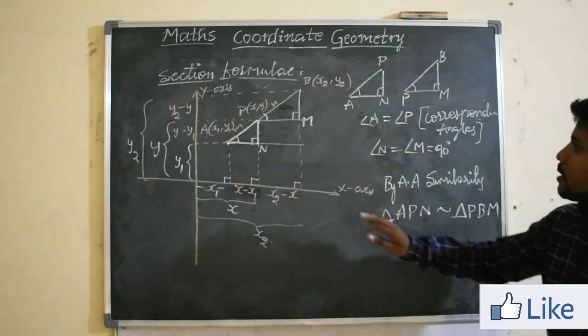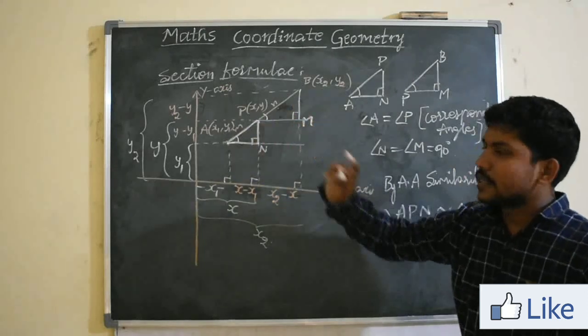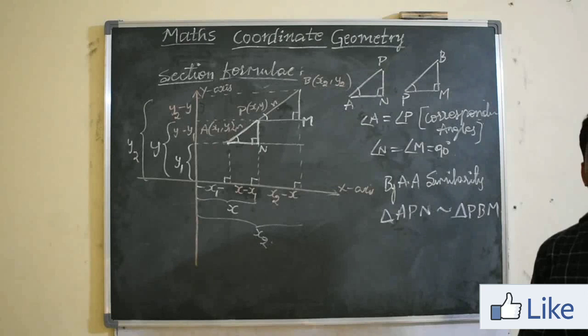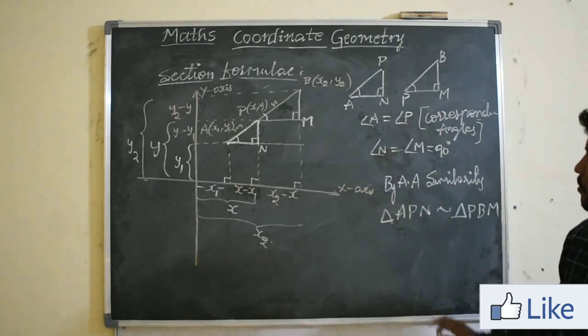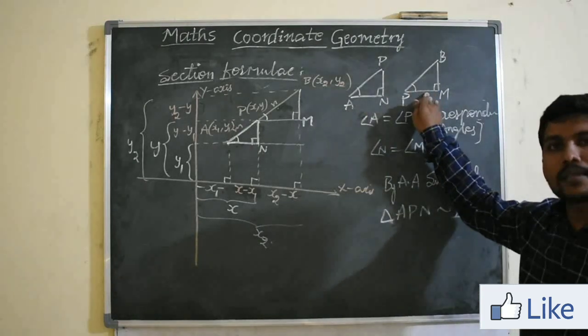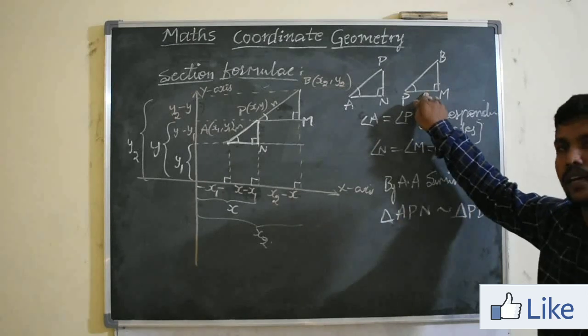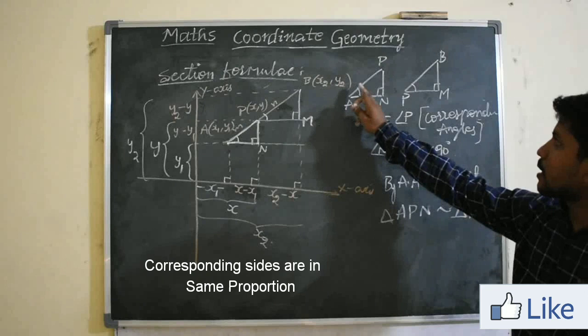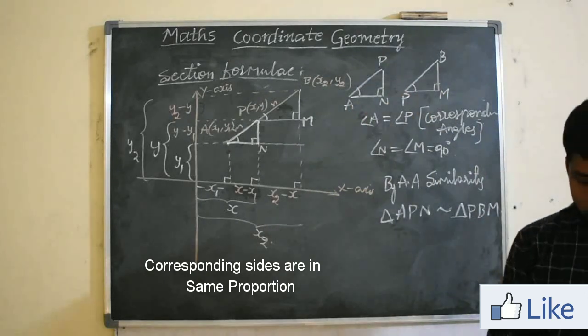So we got that these two triangles are now similar. From the similarity concept, we have, if two triangles are similar, then their corresponding sides are in proportion.